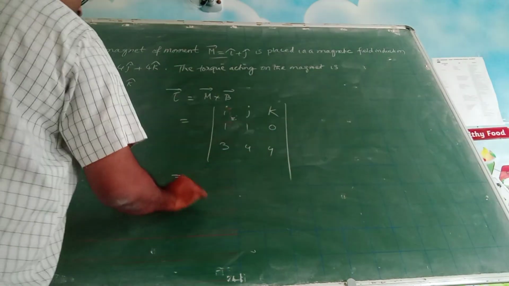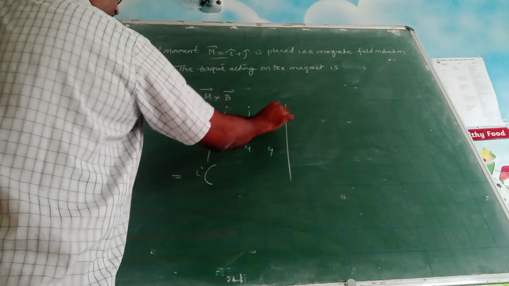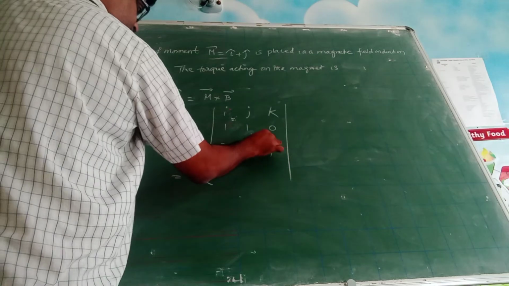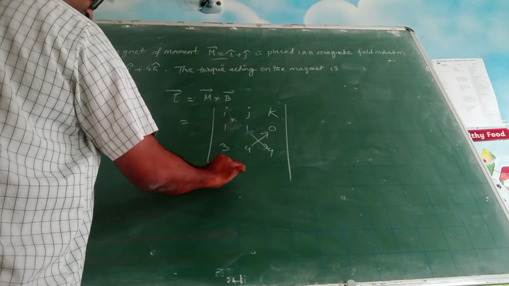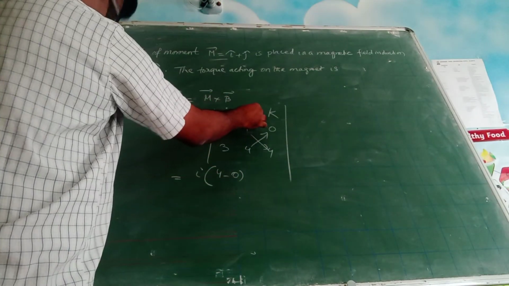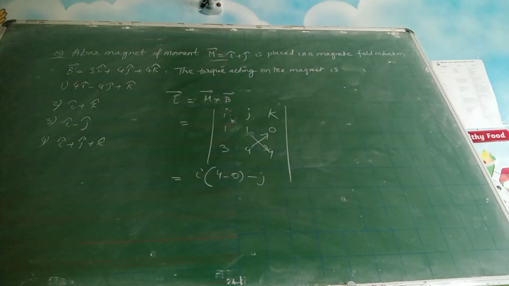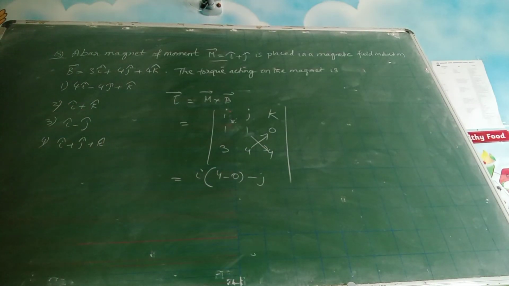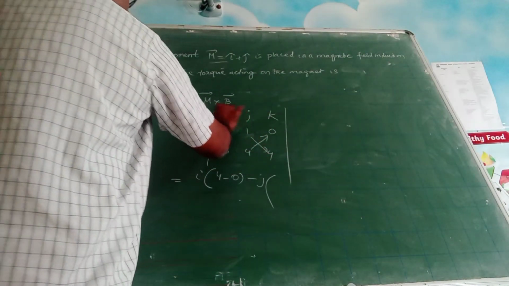Okay. So I, leave this row, leave this column. 1 into 4 minus 4 into 0. So when you shift to J, put a minus. These are all matrix things. You just need to know the procedure here, that is enough. So skip this column, skip this row.